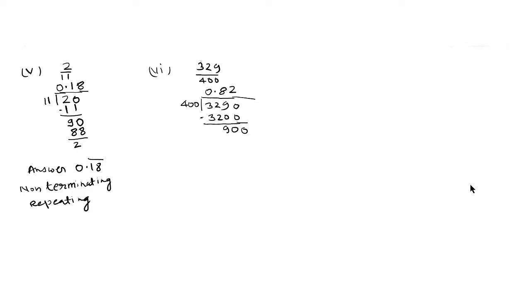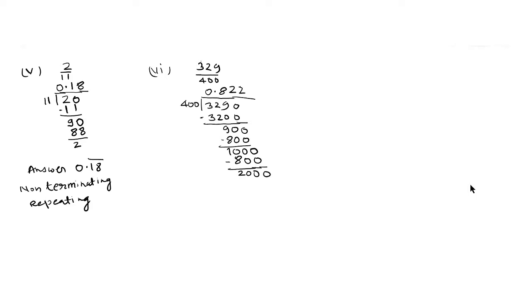400 will divide 900 for 2 times. 400 times 2 is 800. Balance is 100. We carry 0. Then again it will divide for 2 times. 400 times 2 is 800, and on subtracting we get 200, and we carry 0 again.